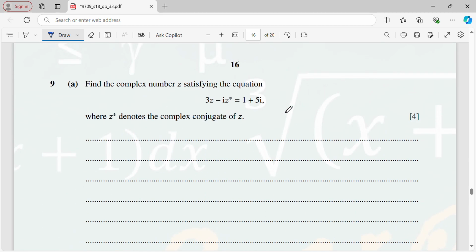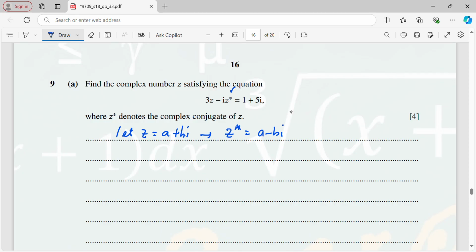Question 9a. Find the complex number z satisfying the equation 3z minus iz star equals 1 plus 5i. So this is the conjugate. I will let the z be a plus bi. Therefore, the conjugate is going to be a minus bi.